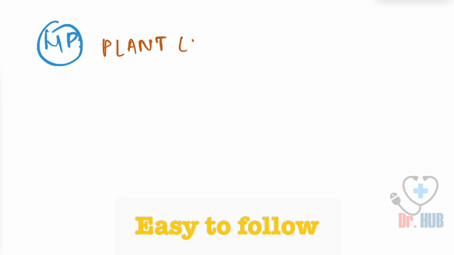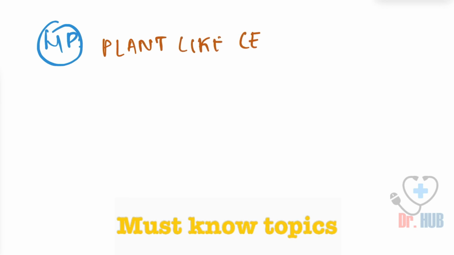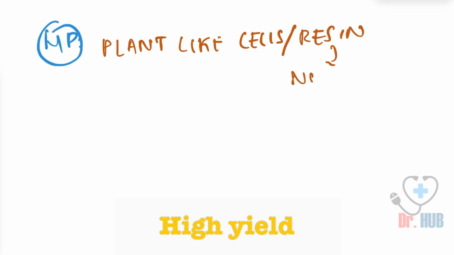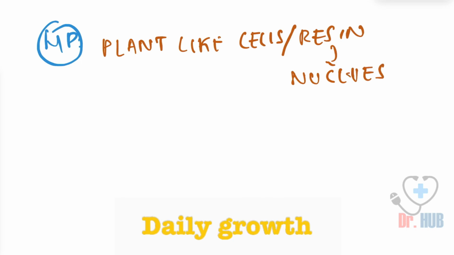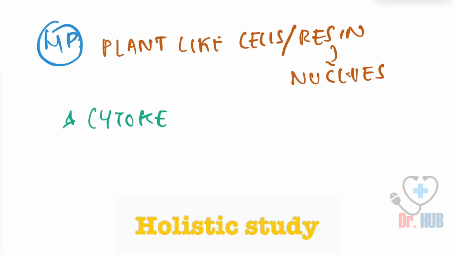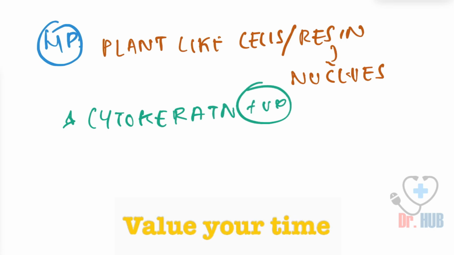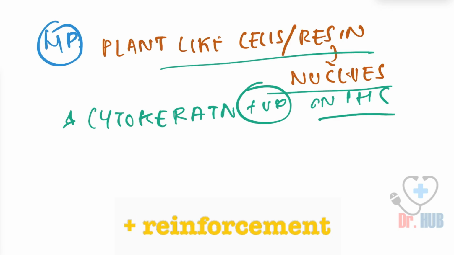The histopath shows plant-like cells, also raisin-like nuclei, and it is cytokeratin positive on IHC. So plant-like cells, raisin-like nuclei and cytokeratin positive on IHC.